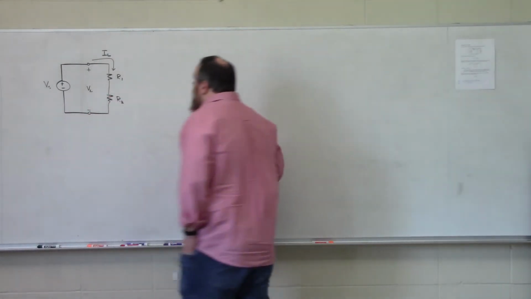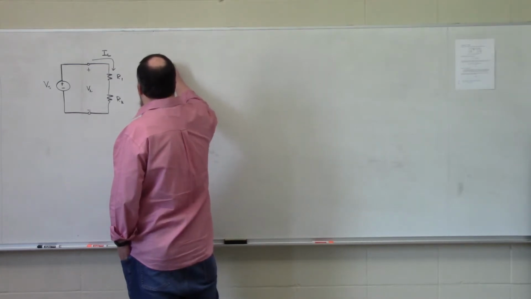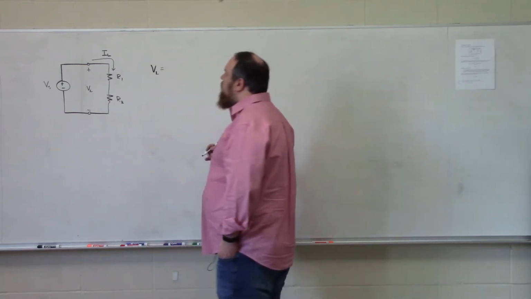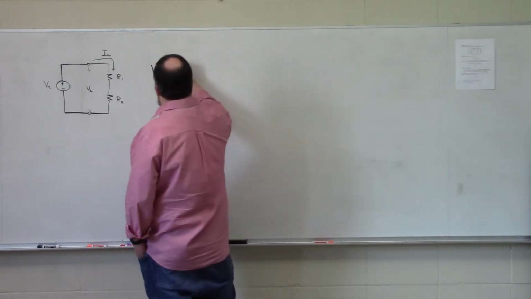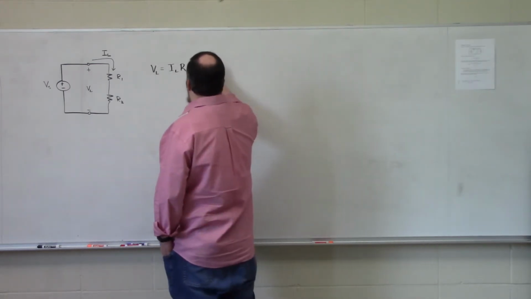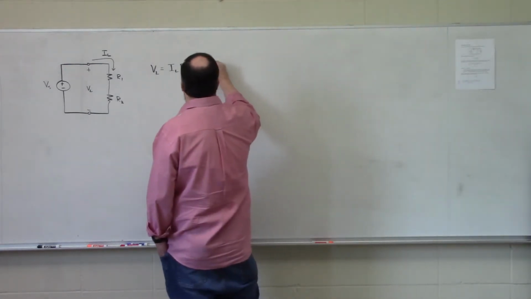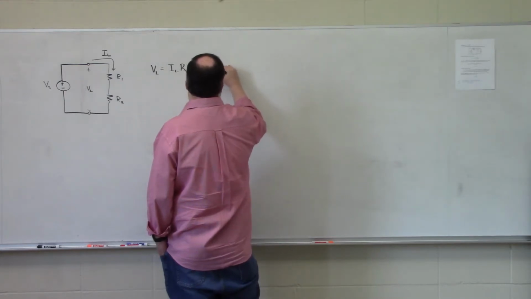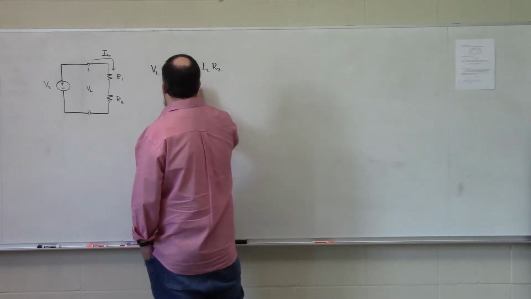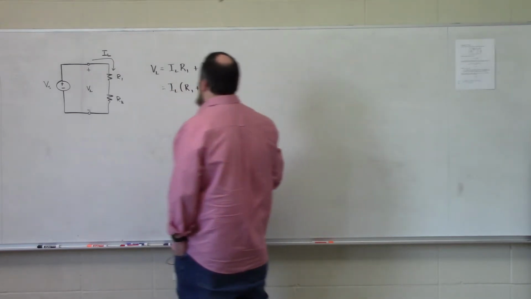So we could easily see that the quantity VL is equal to the voltage drop over resistor R1, which is going to be IL times the resistor R1, and the voltage drop over the resistor R2, which is going to be IL times the resistor R2, and that would give us IL times R1 plus R2.